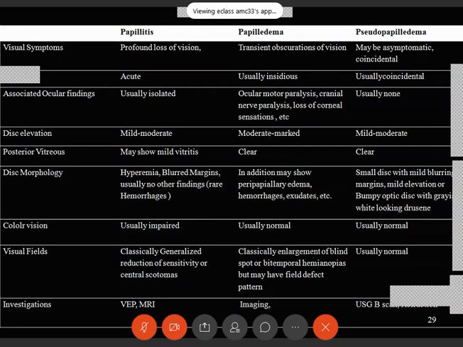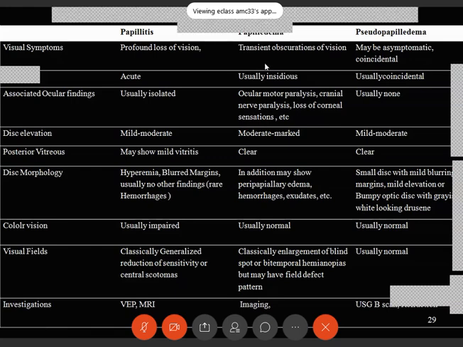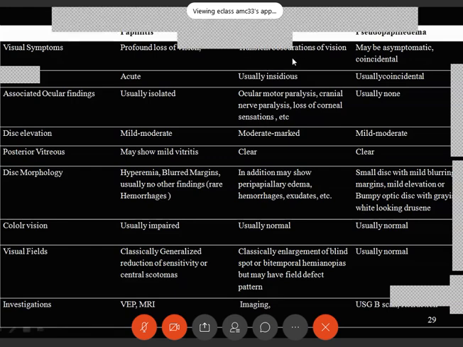You can differentiate papillitis, papilledema, and pseudopapilledema. In papillitis, there is profound loss of vision. In papilledema, visual loss is minimal.